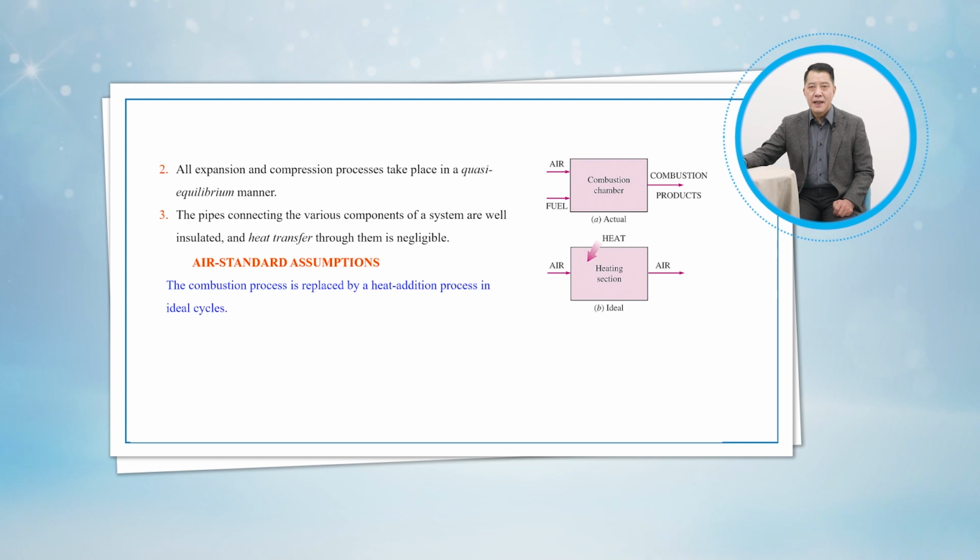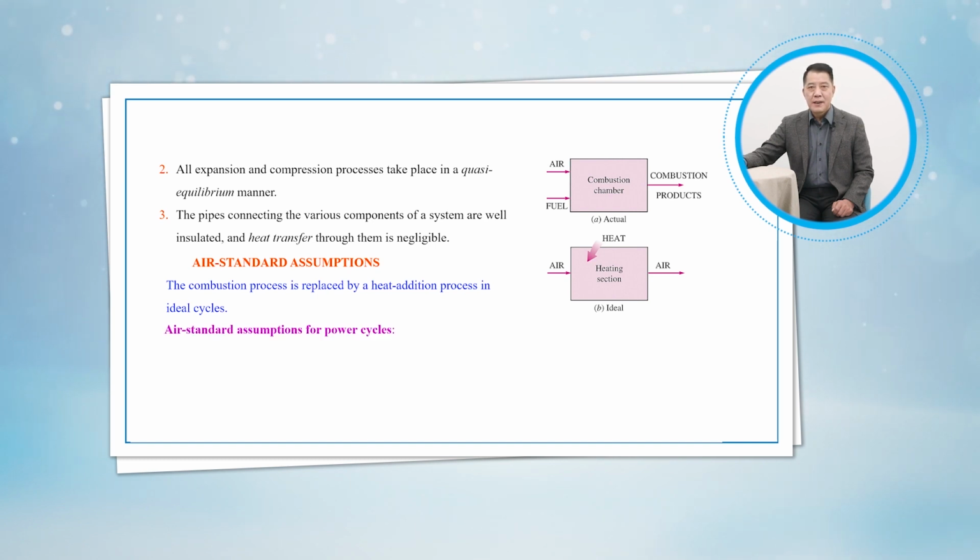That is, they are internal combustion engines. The actual gas power cycles are rather complex. To reduce the analysis to a manageable level, we utilize the following approximations, commonly known as the air-standard assumptions.